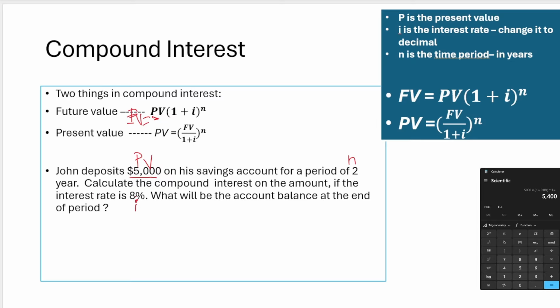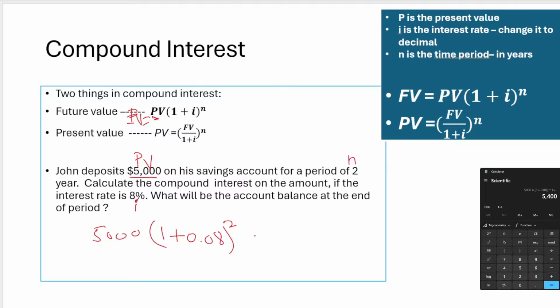This is slightly different in how to calculate it. Let's get started. I'm going to put PV, which is 5,000, multiplied by 1 plus I, which is the interest rate, converted to decimal, 0.08, to the power of N, which is 2, whatever number has been given to you in years. So I'm going to write 2.